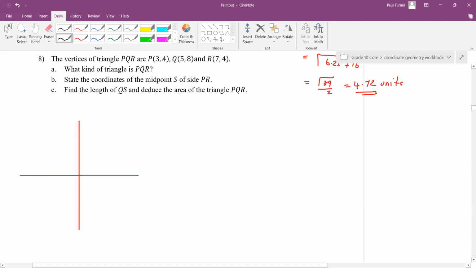So let's mark out some axes. You do this as well. So draw this out: 1, 2, 3, 4, 5, 6, 7, roughly equal. It goes up to 8.